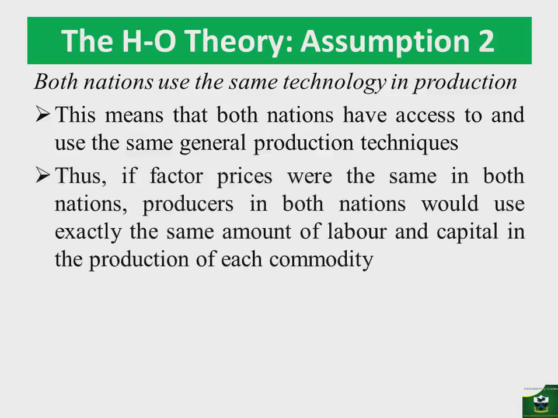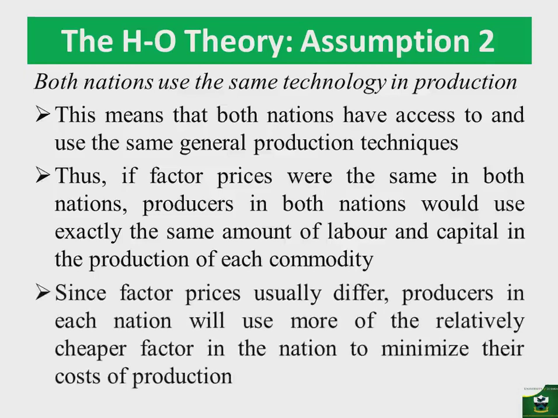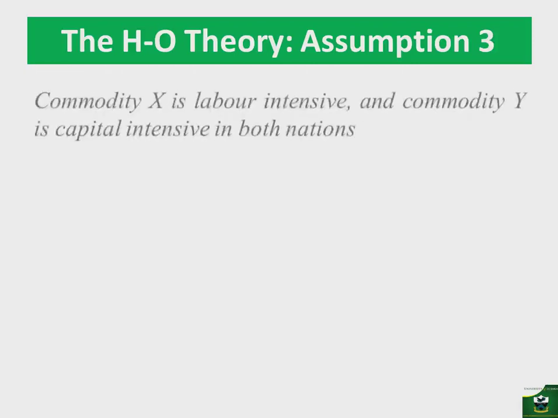This is to mean that if factor prices were the same in both nations, producers in both nations would use exactly the same amount of labor and capital in the production of each commodity, that is, in the production of commodity X and in the production of commodity Y. Now, because factor prices usually differ, producers in each nation will use more of the relatively cheaper factor in the nation to minimize their cost of production. As such, both nations will be assumed to use the same technology to avoid major ambiguities in the theory.